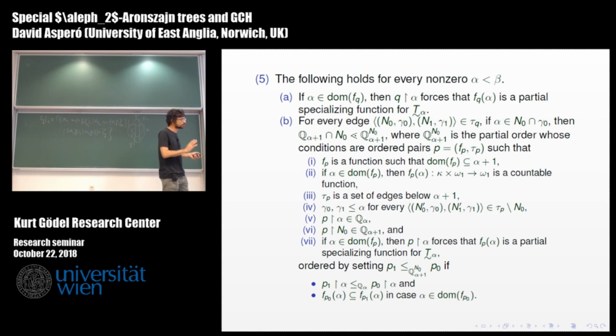No, the conditions come from the ground model. I mean, in the iteration you have names. Yes, but it's going to be a dense set. Yeah, exactly. Because you just started talking about what colors have been used. Yes. You want to be able to force that and know that. When defining the partial order, he only includes ground model functions.